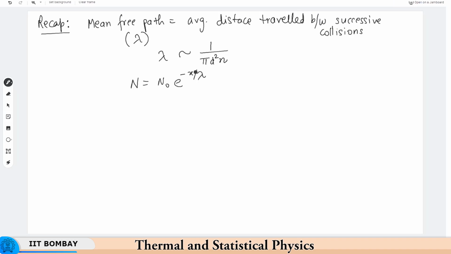Okay. So, essentially what we are going to do in this class is break down a few more assumptions that we made. If you remember, the first assumption that we made initially was that gas molecules do not have any dimensions, but when we relaxed that assumption, we came up with the concept of mean free path.